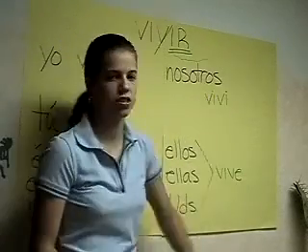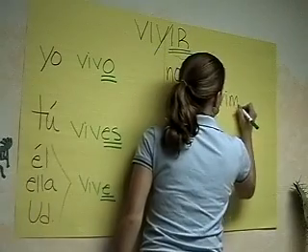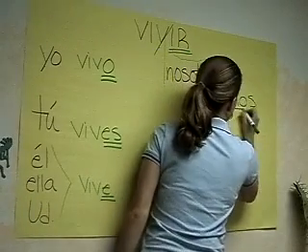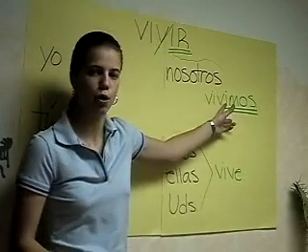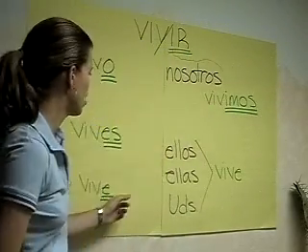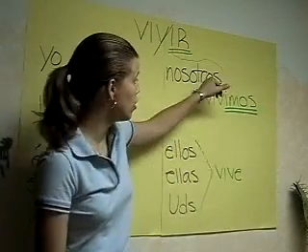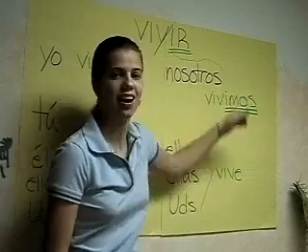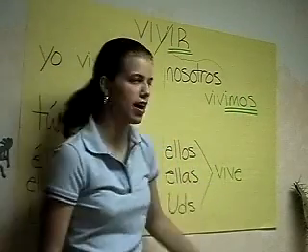Now, nosotros, what is our ending for nosotros? That's the long form. That's right. M-O-S. So this one here is the odd one. This is I-M-O-S. The rest of the forms conjugate exactly as if it were an ER verb. Only the nosotros form has that I come down. And finally, ellos, ellas, ustedes, what do we add there?